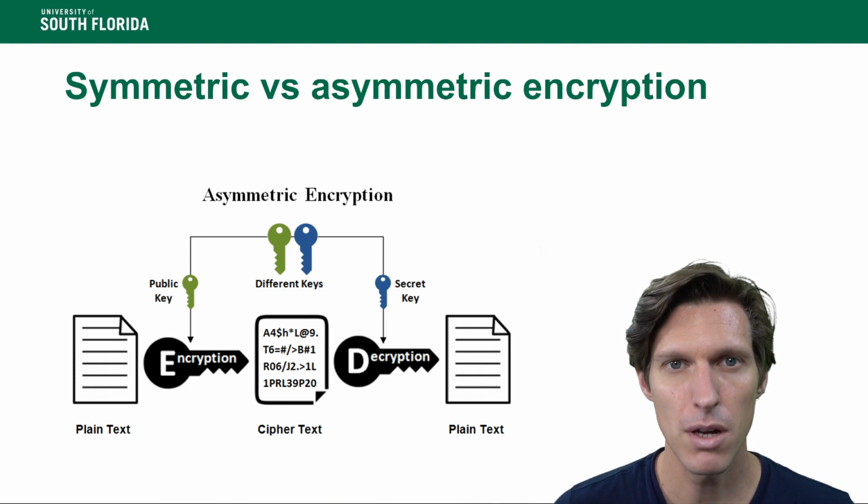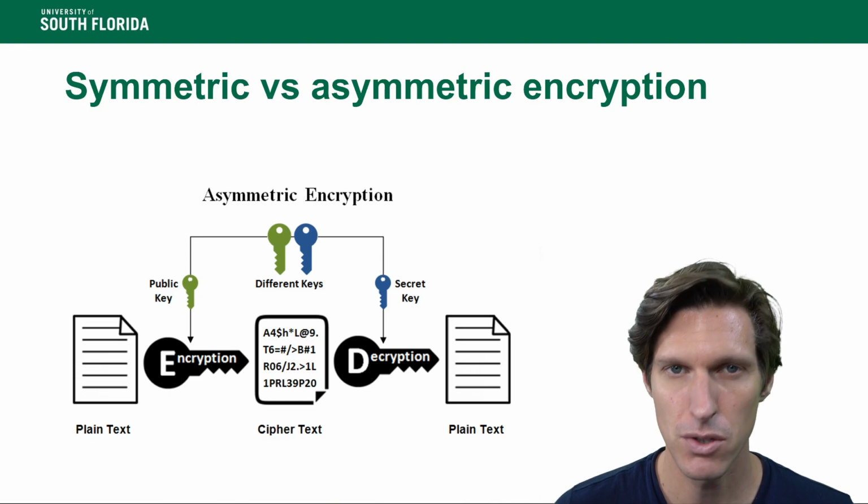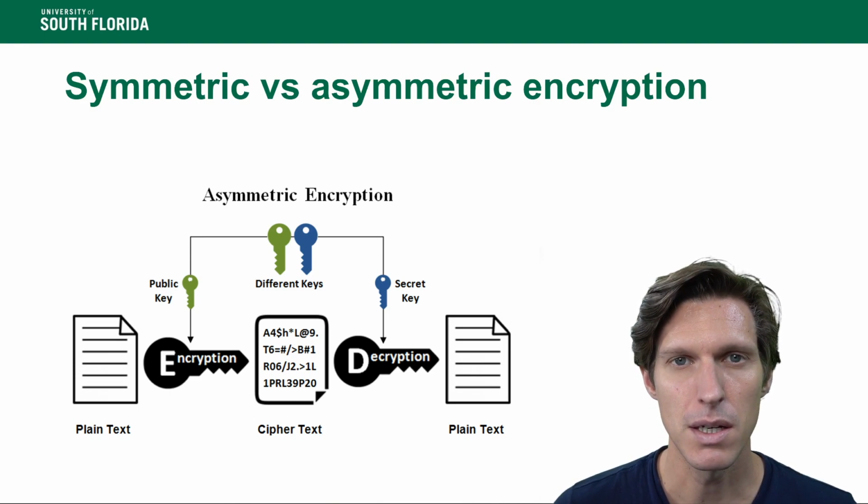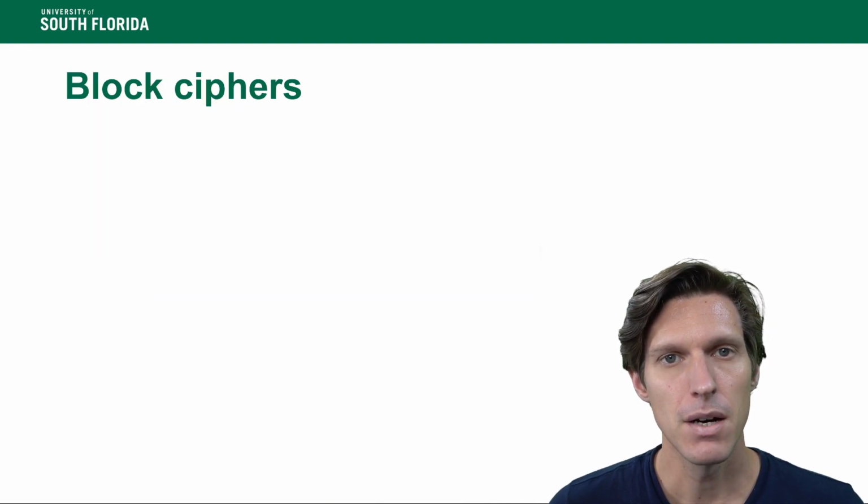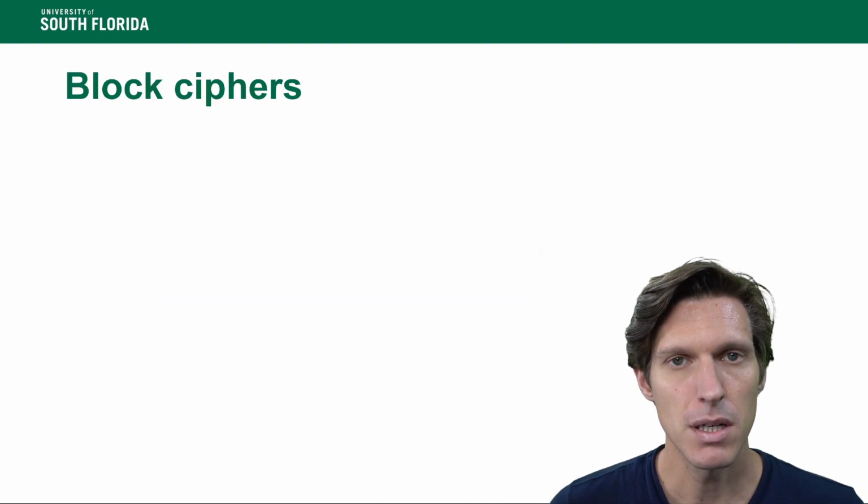So a lot of symmetric encryption is still used, even though it seems like asymmetric encryption is just much more powerful, in fact. Okay. Now, symmetric primitives are made mostly out of block ciphers.